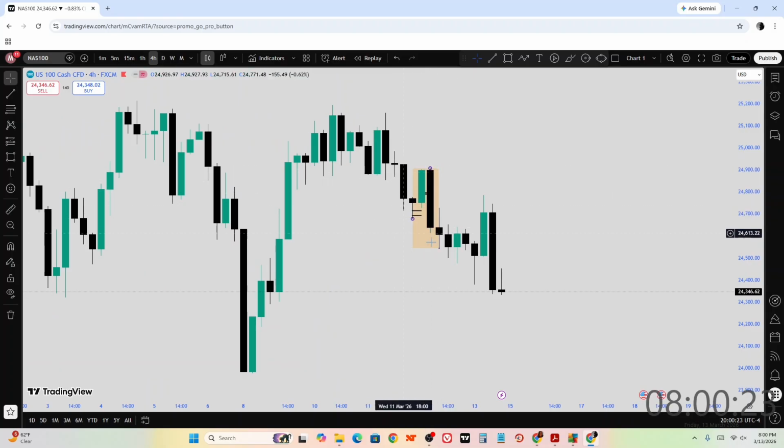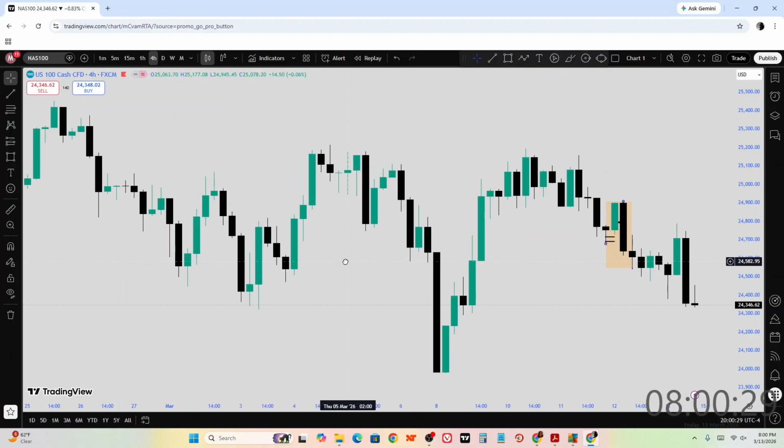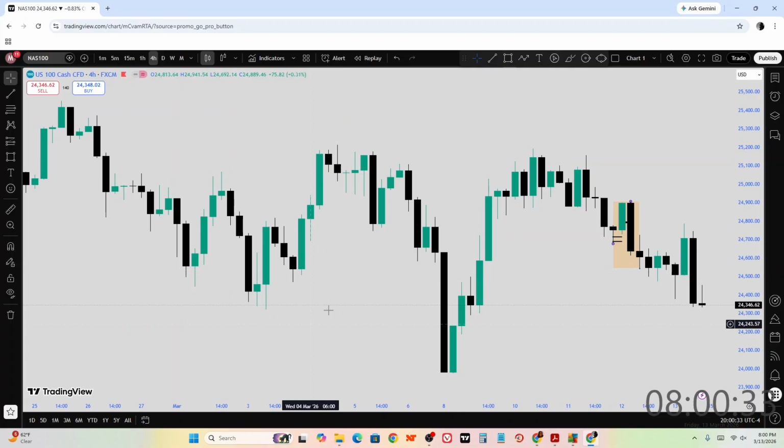I just showed a bearish example, right? Now y'all can do the same thing with a bullish example. Okay? We're in a 4-hour chart. We'll do this real quick.